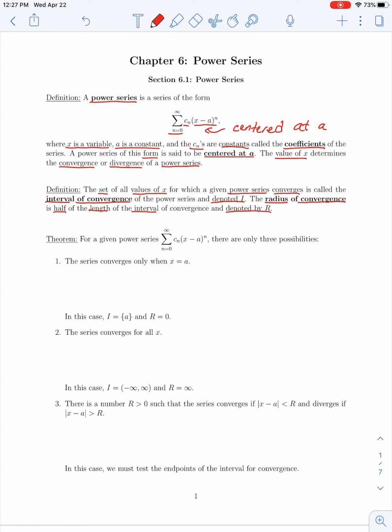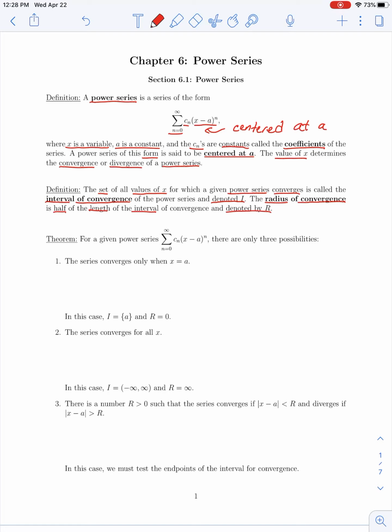So we have a few cases for the radius or interval of convergence for a power series. There's three possibilities for what the interval or radius of convergence of a power series would look like.